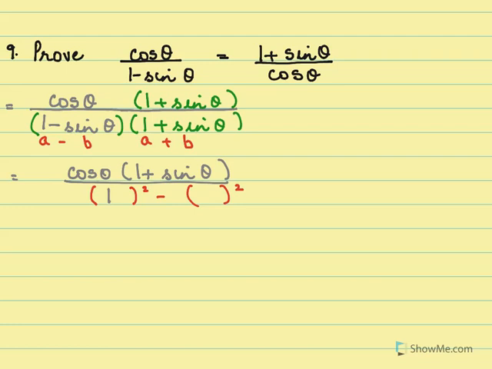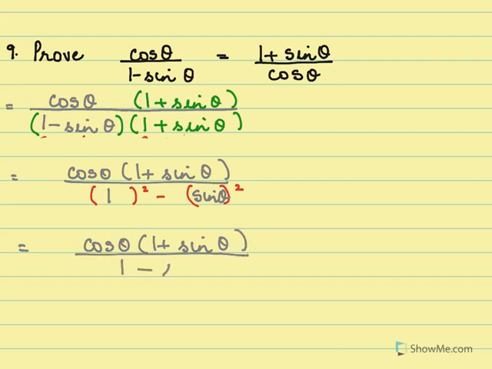So here your a is 1 and your b is sin theta. So you have cos theta, 1 plus sin theta over 1 minus sin square theta.